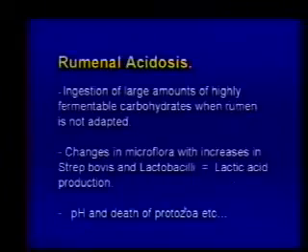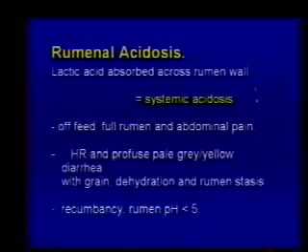Lactic acid then lowers the pH even further, killing the protozoa that are in the rumen, and now we basically have a dysfunctional rumen. The lactic acid is absorbed across the rumen wall, and this leads to a systemic acidosis. The animal may be off feed with a full rumen and abdominal pain, heart rate is increased, and there is a profuse pale gray-yellow diarrhea, and dehydration, recumbency, and death.